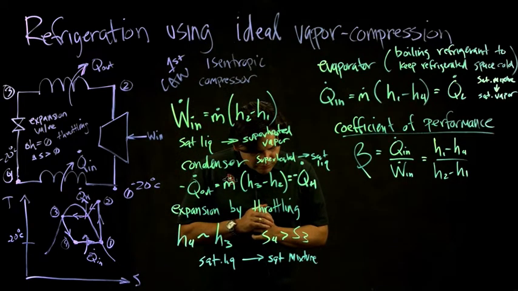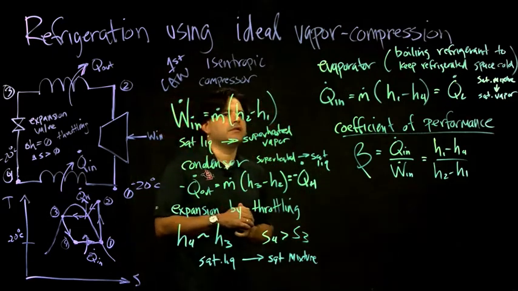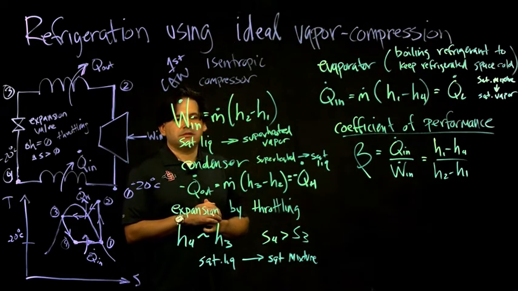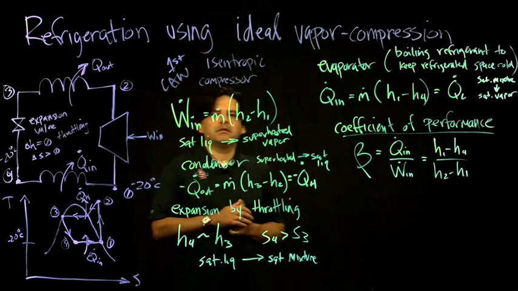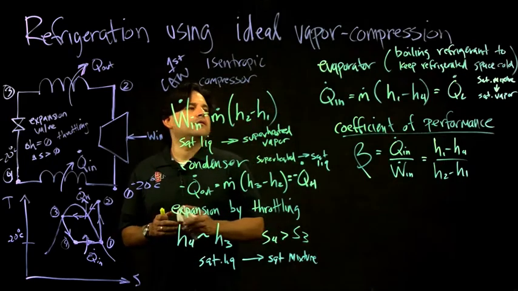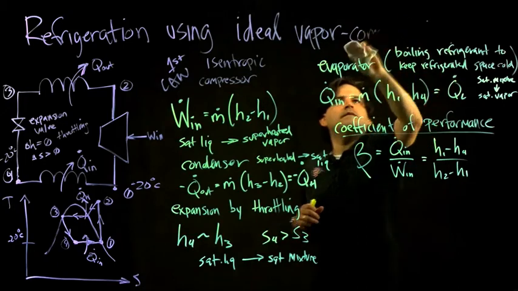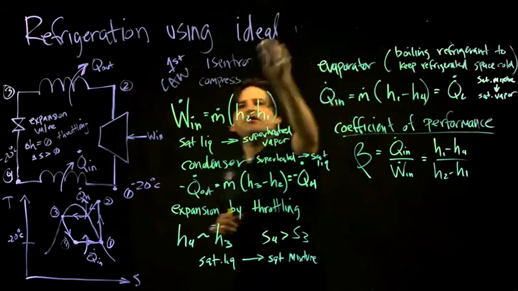Let's do a quick analysis of some example that we would do if we were given some properties. So, I guess I'll do it up here. This is the ideal vapor compression cycle.